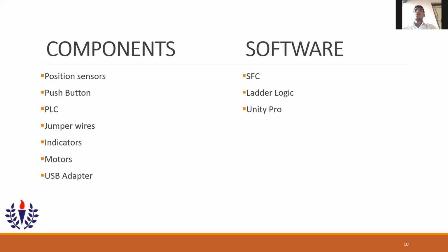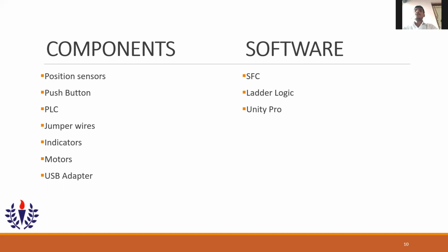A programmable logic controller is used to control different electromechanical processes in an automation environment. The PLC takes input, performs logic on the input in the CPU, and then transfers on or off output based on the logic. Moving on to jumper wires, a jumper wire is a short wire used to close the circuit temporarily.